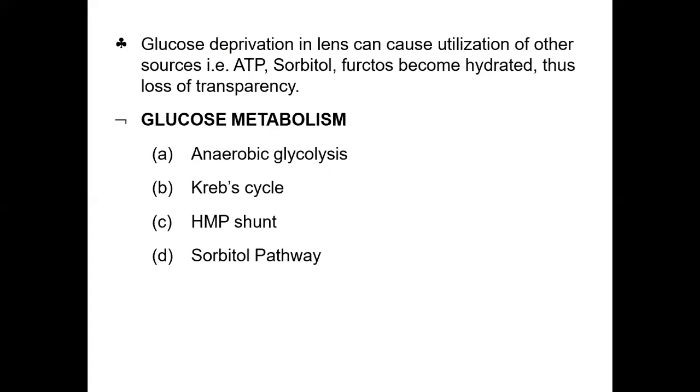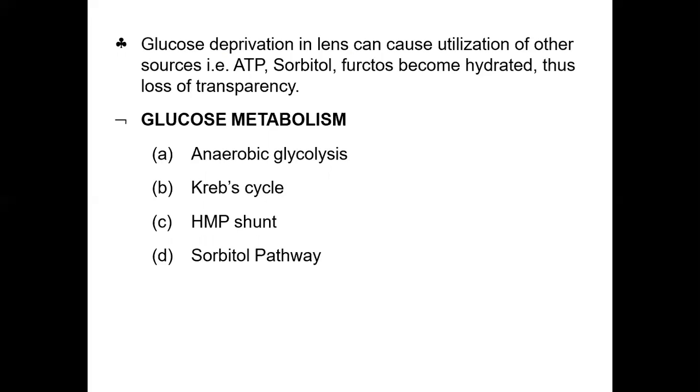If it's hydrated, there is accumulation of water due to malfunction of the metabolic activity. That's why it loses transparency. If water accumulates in any transparent organ, it loses its transparency.